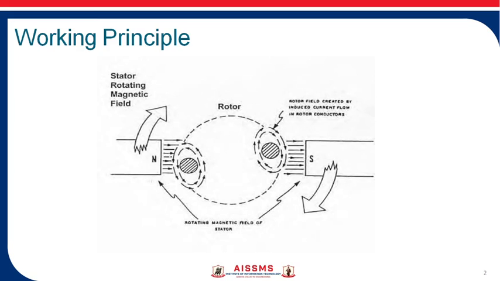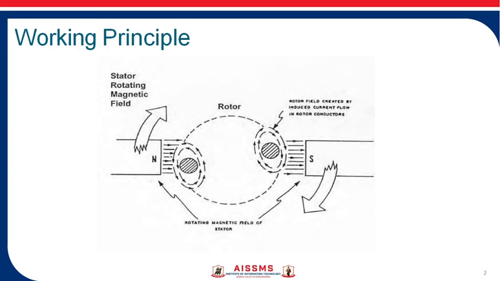So over here in this diagram you can see the stator generates the rotating magnetic field, and that rotating magnetic field speed is called the synchronous speed, denoted by Ns.